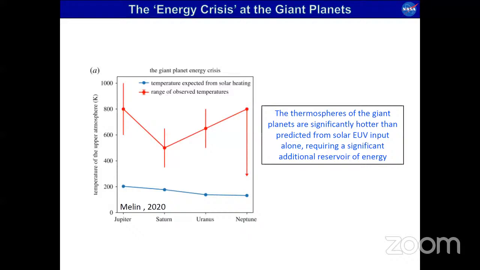If you take how much heating you can expect just from the sun, the solar EUV input that would heat the thermosphere, you get thermospheric temperatures that are much, much lower than what we actually observe, both with in situ spacecraft and remote sensing observations. And so you have this energy crisis: what's actually heating the thermosphere if it's not the sun?